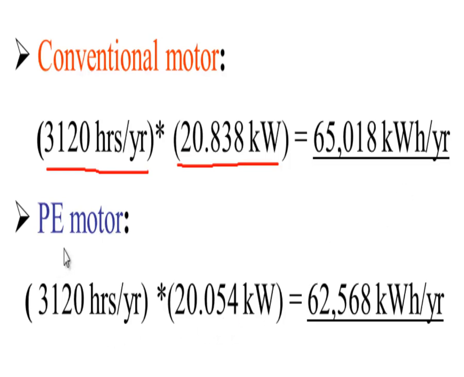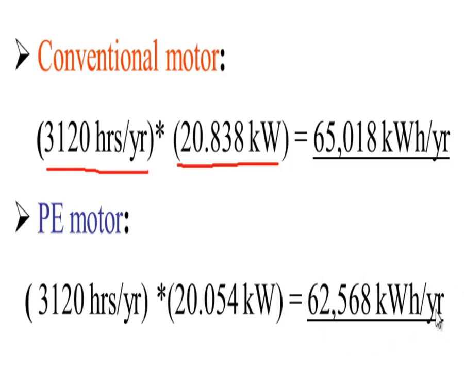While for the PE motor, with the same number of operating hours and the 20.054 kilowatt, it will equal 62,568 kilowatt hour per year.